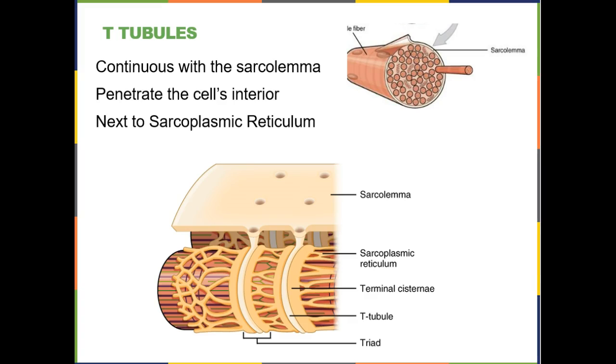So if you had, let me pick a color that I think is going to show up, a very dark purple, if you had a T-tubule here, a little hole, it would wind its way through the whole cell. And I can't go around all of the sarcomeres. But if you put a drop of water in the T-tubule here, it would come out down here. So they go the whole way through the cell from one end to the other.